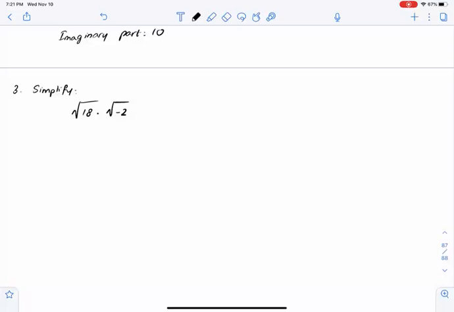Here we want to multiply the square root of 18 with the square root of minus 2 and then simplify. So we will have the square root of 18 times negative 2, which would be the square root of negative 36.